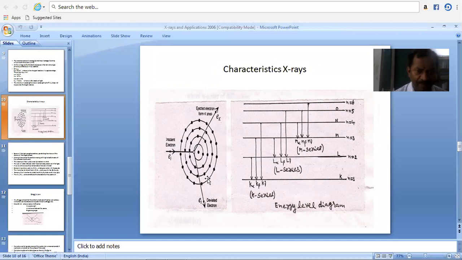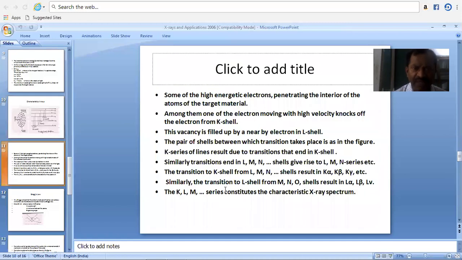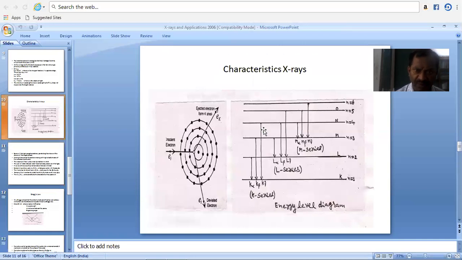What will happen here? Some of the high energetic electrons penetrating the interior of the atoms of the target material, among them one of the electrons moving with high velocity knocks off an electron from the K shell.